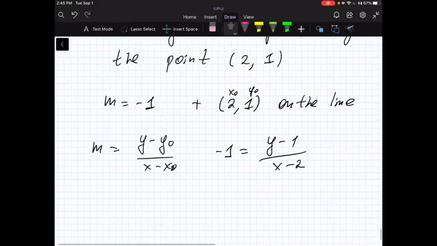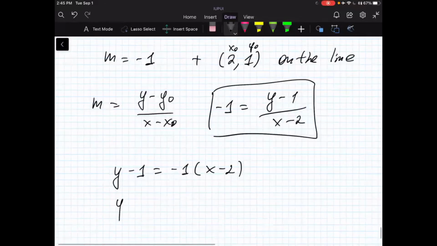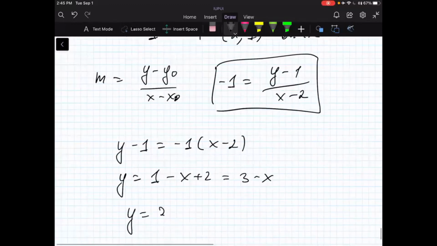And if you multiply both sides by x minus 2, you will get that y minus 1 is equal to minus 1 times x minus 2. Or if you like, you can write it in the following way: y is 1 plus 1 minus x plus 2, which is, what is it? It is 3 minus x. So the equation of our line is y equals 3 minus x.